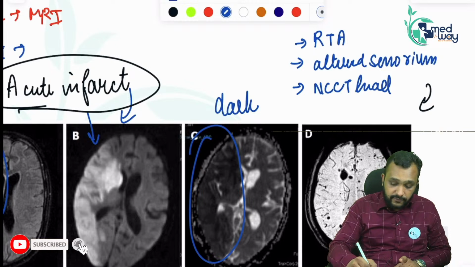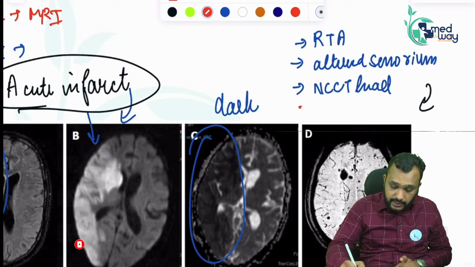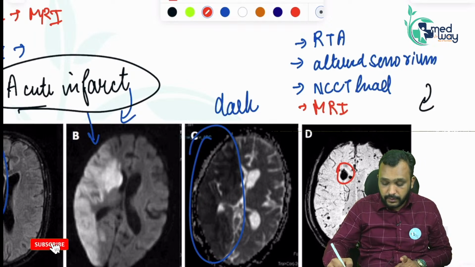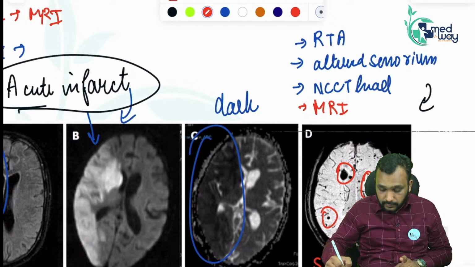You do an MRI for this patient, and on MRI you will see that there are multiple foci of blooming. Multiple blooming foci are seen on SWI images.